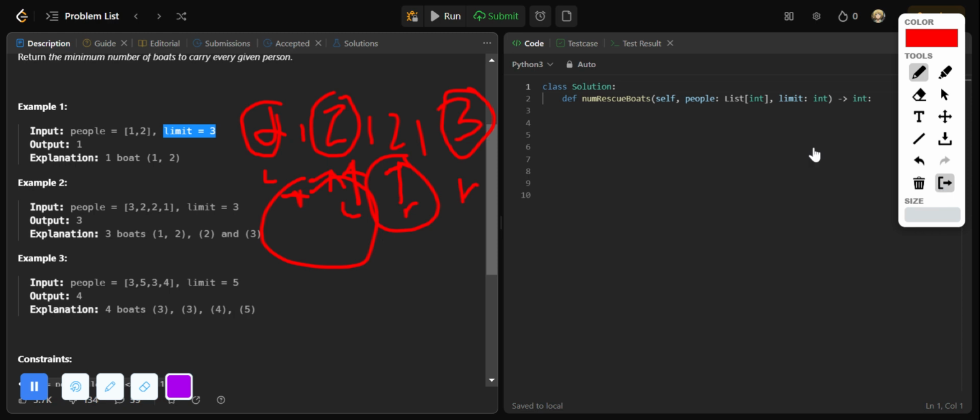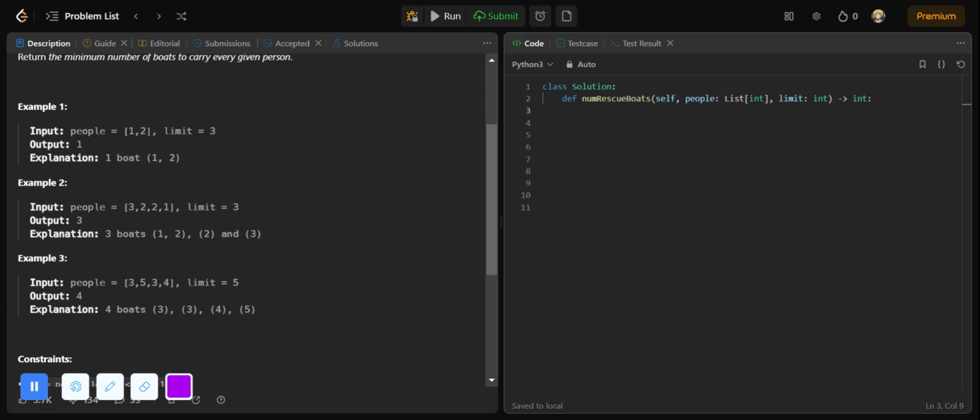So first I'm going to sort the people's array, so people dot sort. My left starts from zero, and my right starts from the length of the people array minus one.